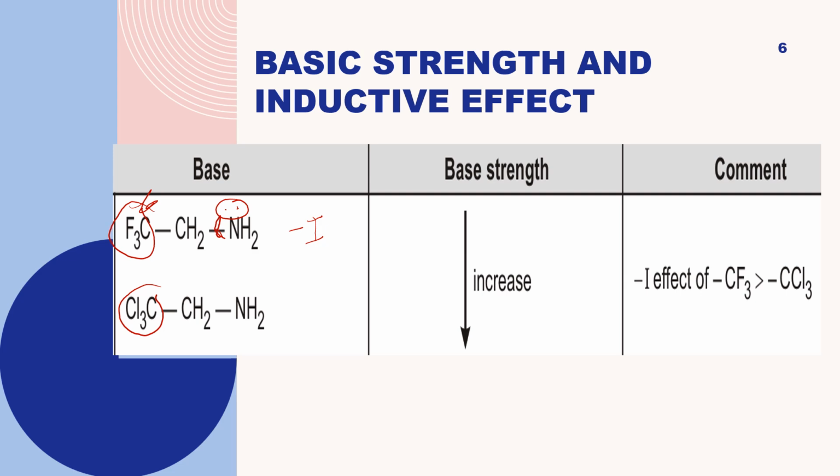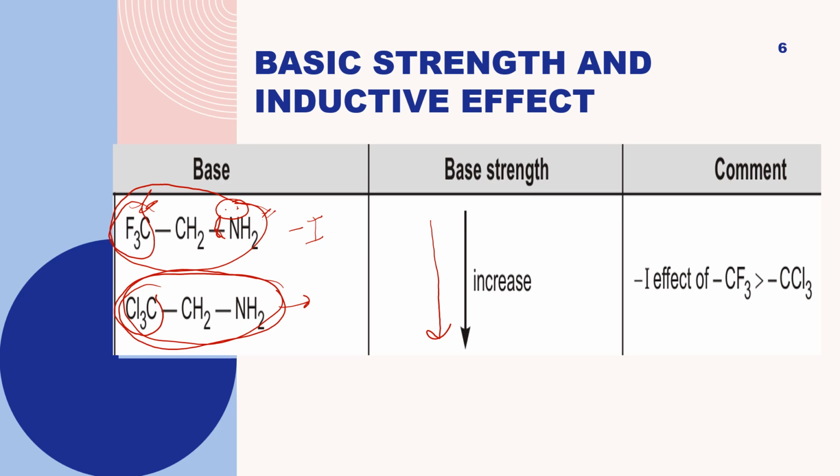That's why it decreases the basic strength. So CF3 decreases the basic strength more because its minus I effect is more. So this compound is less basic, and this compound, the CCl3, is more basic. So as we go downward, the basic strength is increasing.